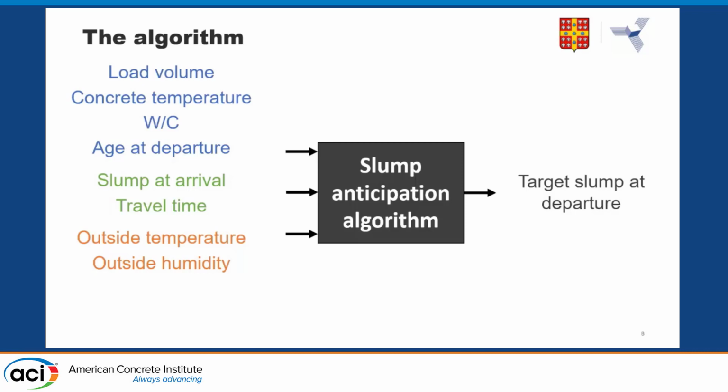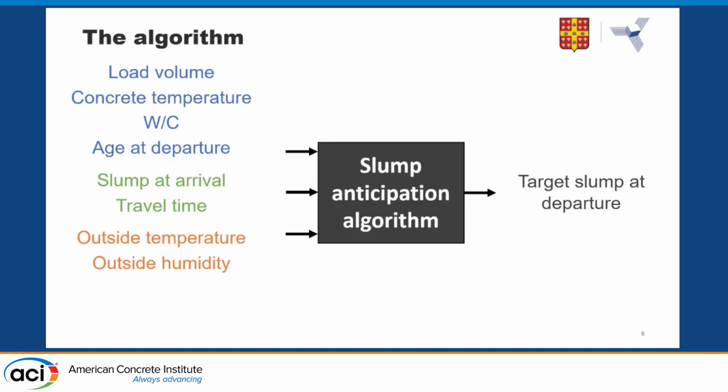Travel time, it's the time between departure and arrival. And outside temperature and outside humidity, I picked the temperature and humidity at the departure from the plant from a national big database of temperature and humidity based on the location of the truck. That makes sense.